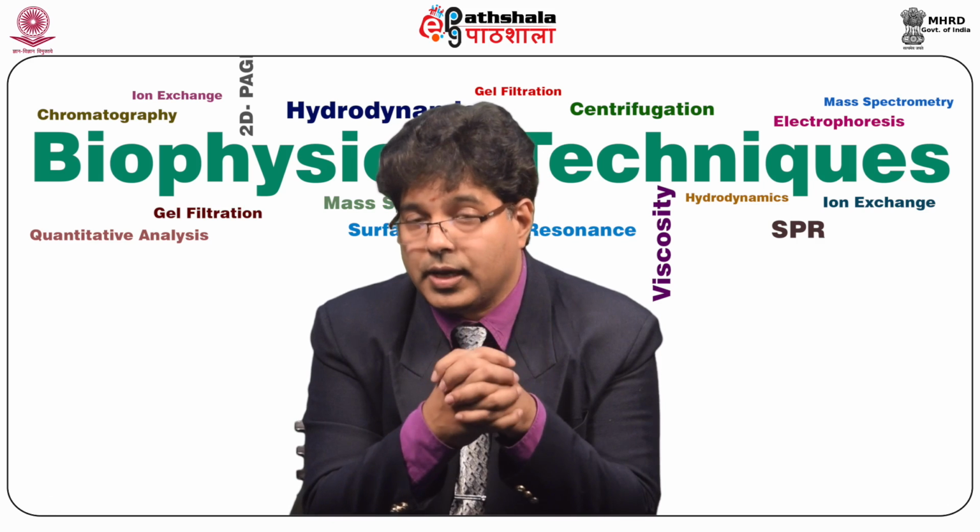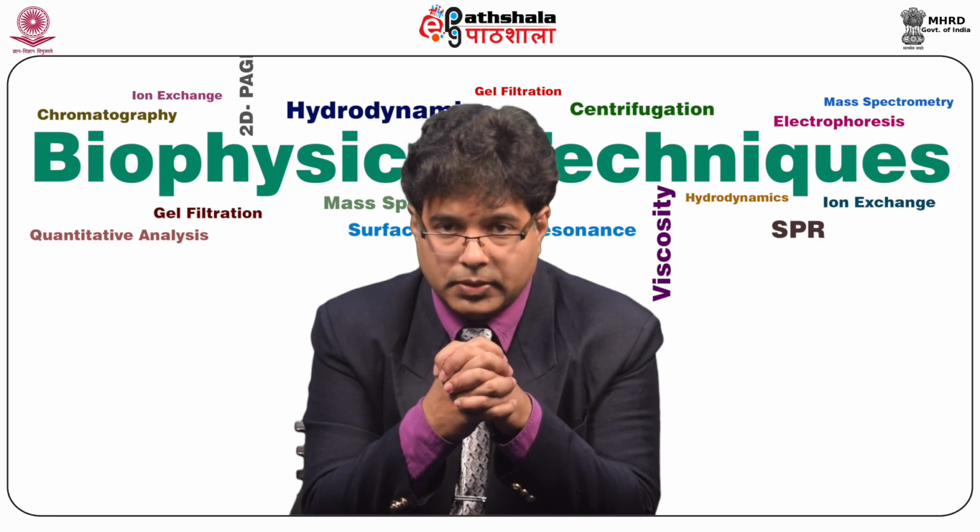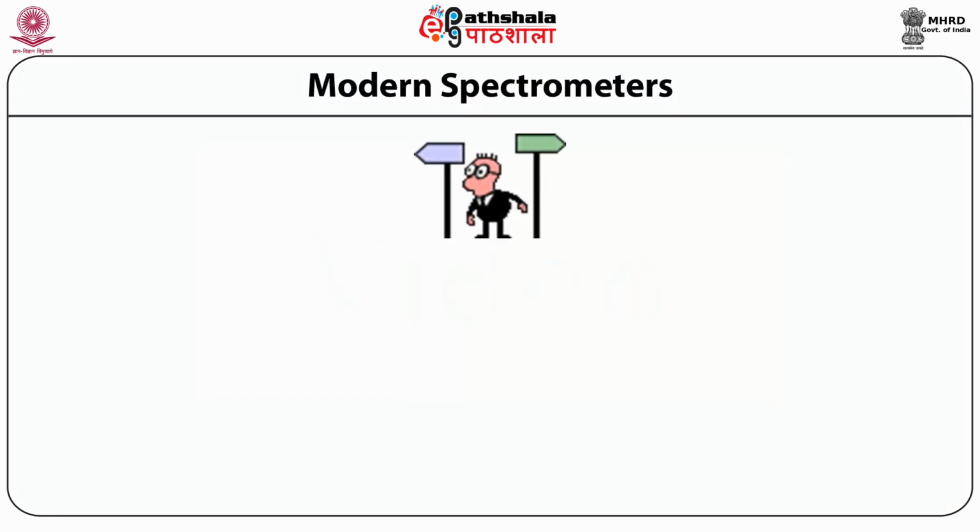Therefore, mass accuracy is a very important parameter in mass spectrometers. Now, as I told you about the mass resolution, qualitatively and quantitatively, we use this basic principle of mass spectrometry to do many experiments. Qualitative means you're looking for good quality data.